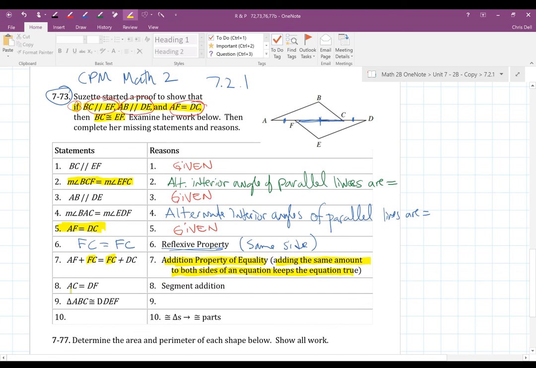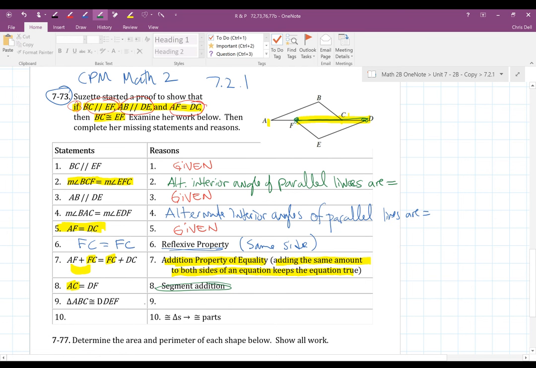Then it says AC is equal to DF by segment addition. If I add those two segments, AF plus FC is the same thing as AC, A to C. And the same thing is true over here: FC plus DC is the same thing as F to D, so it shows DF. So AC equals DF because of segment addition.